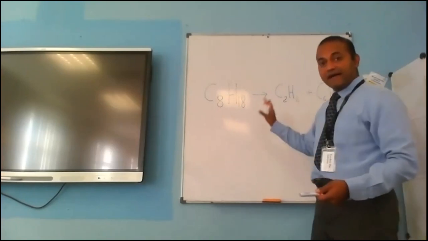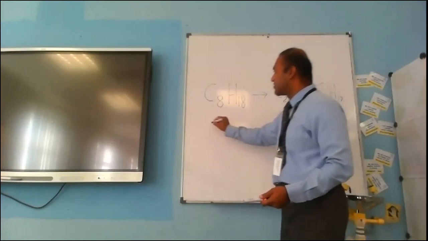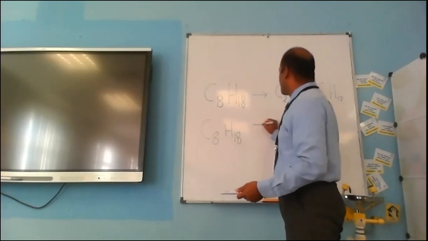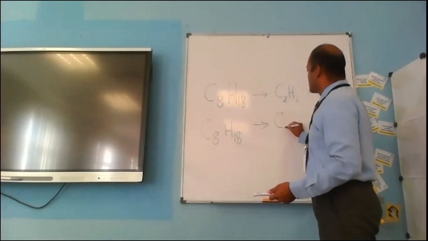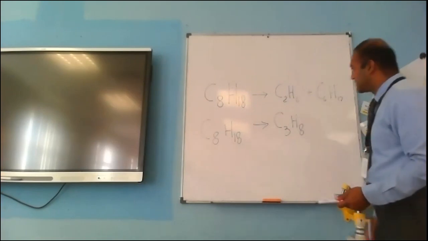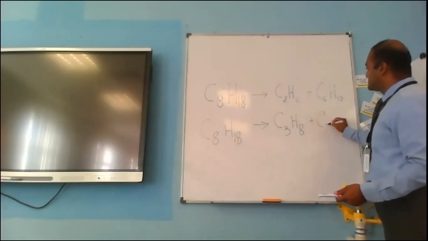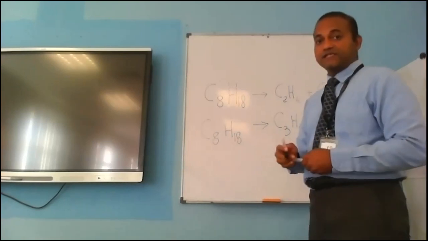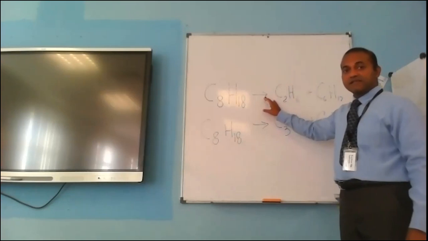So you may ask, can I have other combinations? Yes, you can have other combinations. An example is another combination for you, C3H8. So you would have C5H10. So all of these are possible. You can do any combination. This process is known as cracking.